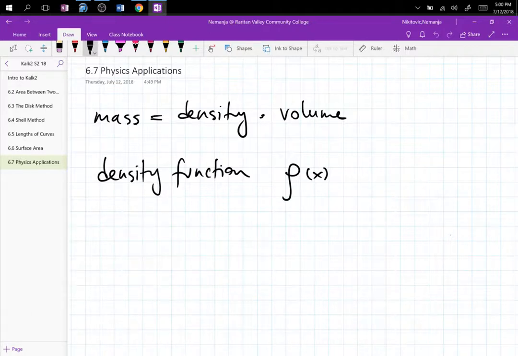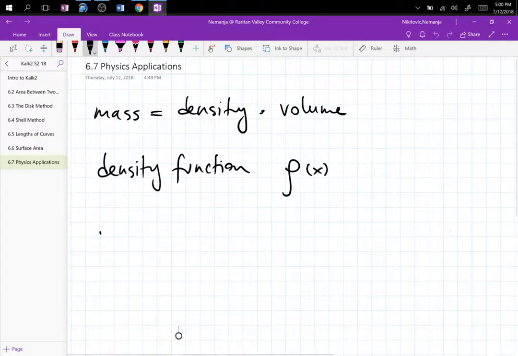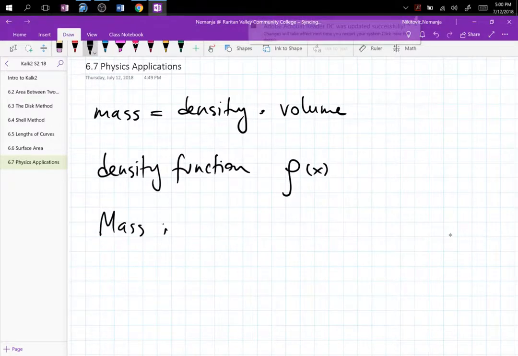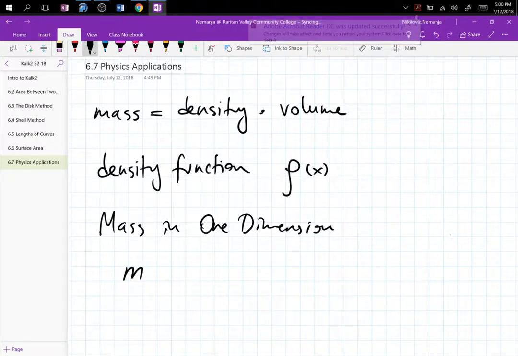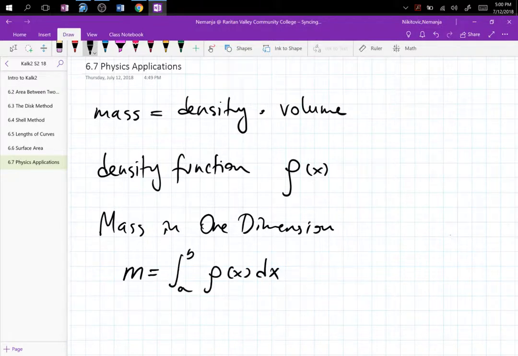So in 1D, mass is going to be mass equals the integral from a to b of rho of x dx.